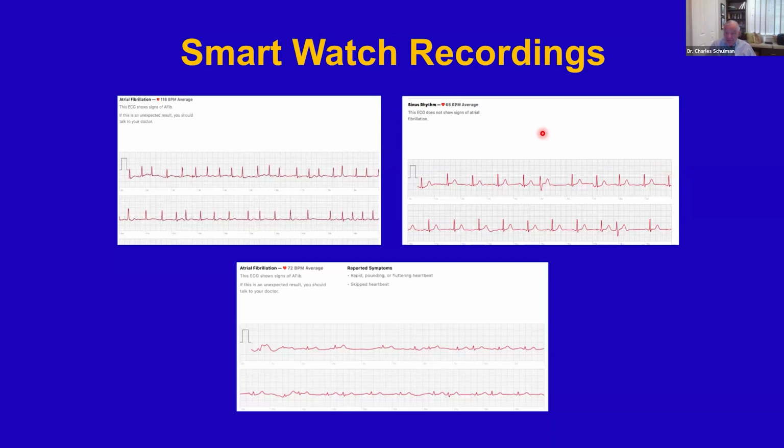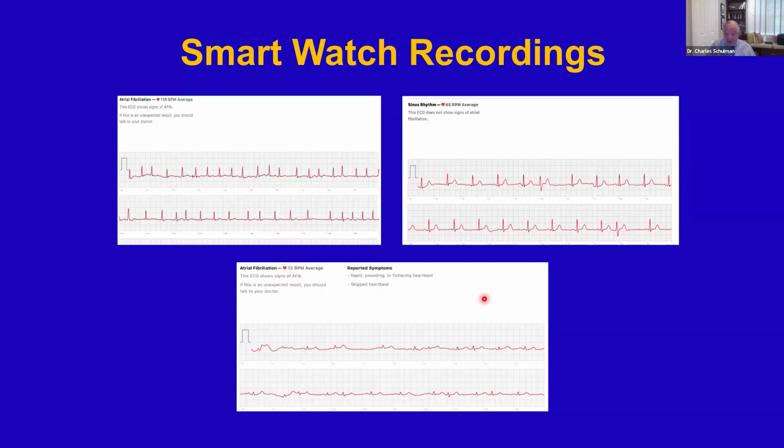This is me. Sinus rhythm, clearly sinus rhythm. I have a single premature complex shown here. This is a patient who called me up in a panic because her smartwatch said that she had atrial fibrillation.